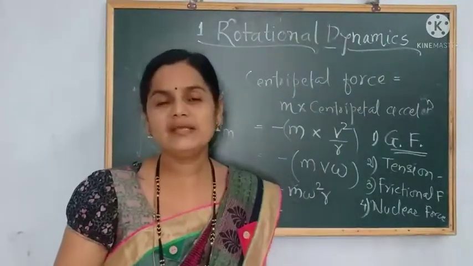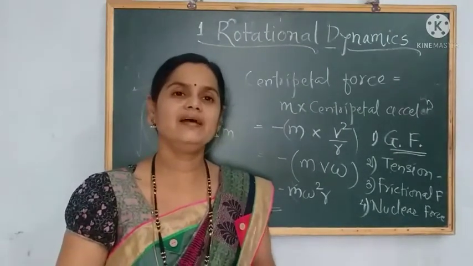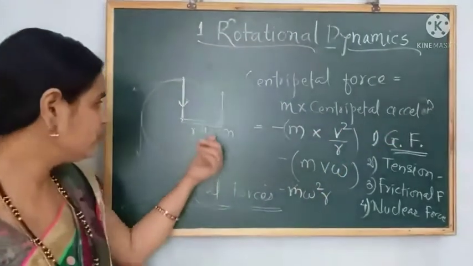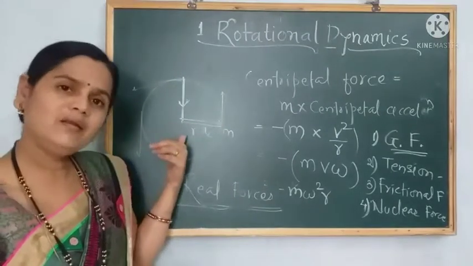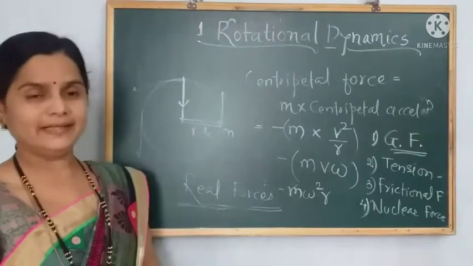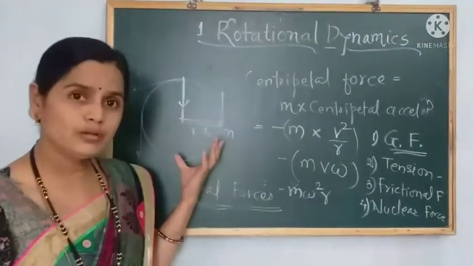So wherever there is a circular motion, obviously the object is acted upon by the centripetal force, whose direction is along the centripetal acceleration, that is, along the radius and towards the center. Now from this we can draw one more conclusion.